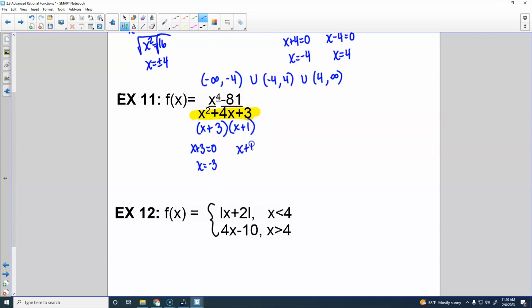And x plus 1 equals 0 at -1. If they wanted us to tell holes or asymptotes, we would have to factor the numerator, but it doesn't ask for that. So -3 and -1 are our discontinuities, so we would just say that this is continuous from -infinity up to -3, -3 to -1, and -1 to infinity.